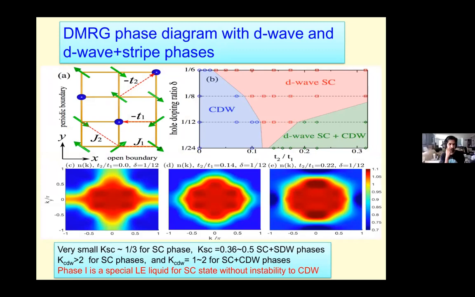Right, okay. However, there is another work by Hong-Chen Jiang and Kivelson. They used a much larger J2, J2 over J1 equals 0.7. So they are doping either a critical point or a gapless spin liquid.